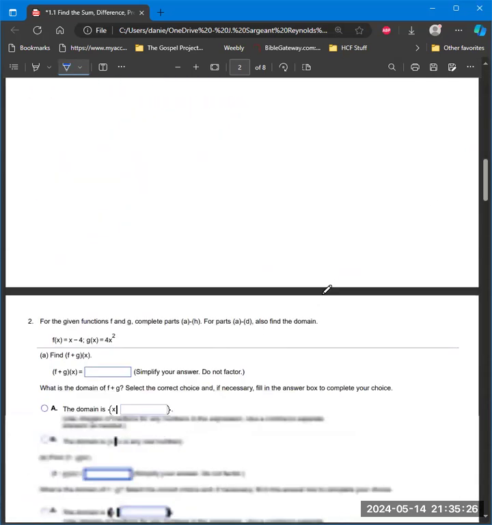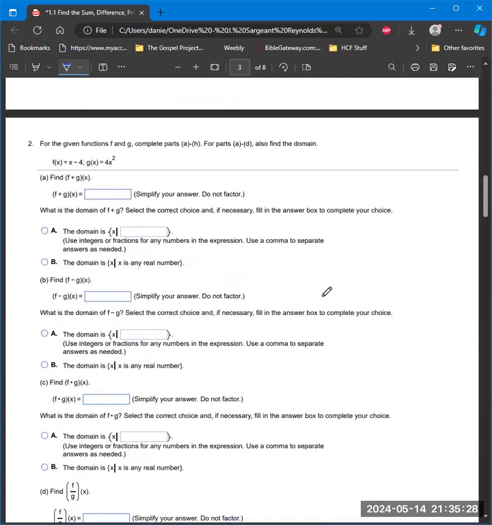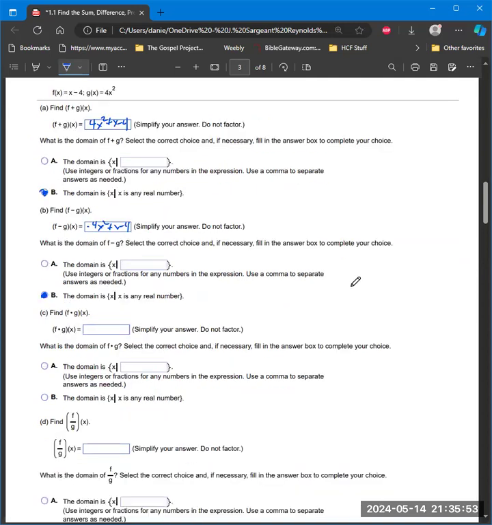All right. Let's look at this next problem. f of x is equal to x minus 4, and g of x is equal to 4x squared. So f plus g is 4x squared plus x minus 4, and the domain is all real numbers. f minus g is going to be negative 4x squared plus x minus 4, and its domain is all real numbers. f times g is going to be 4x cubed minus 16x squared, and its domain will be all real numbers.